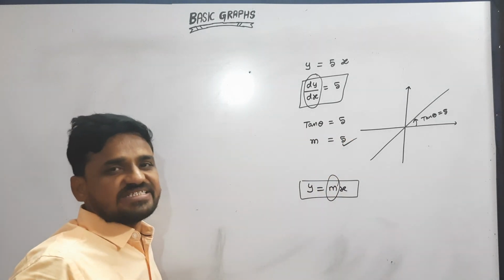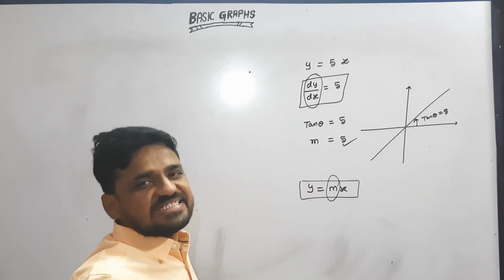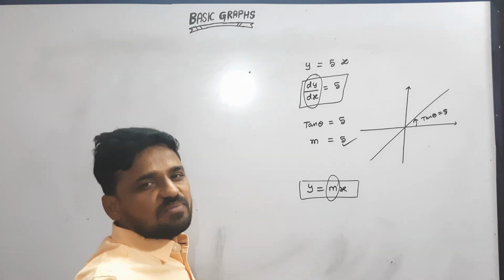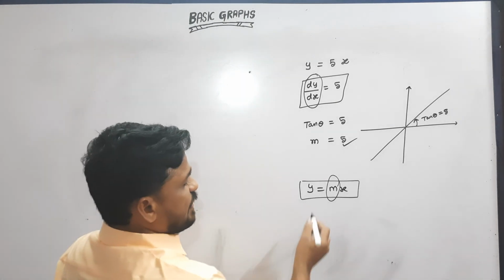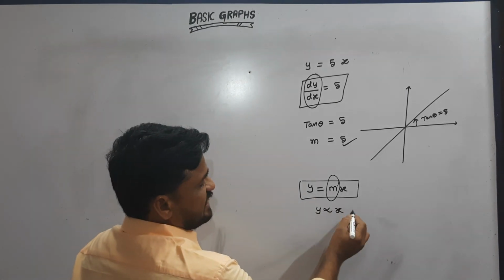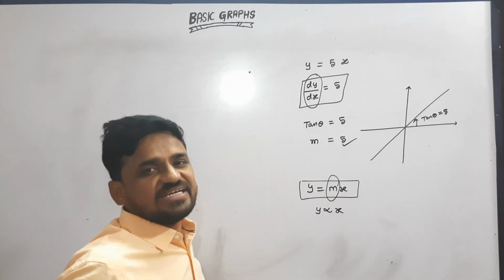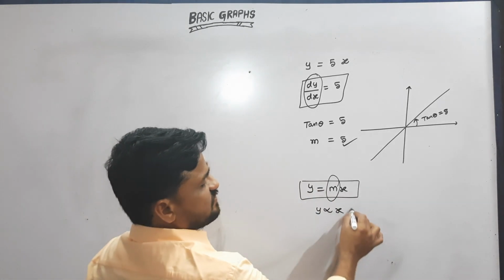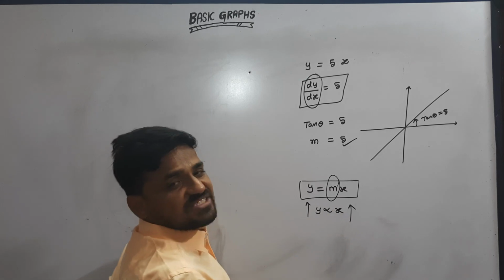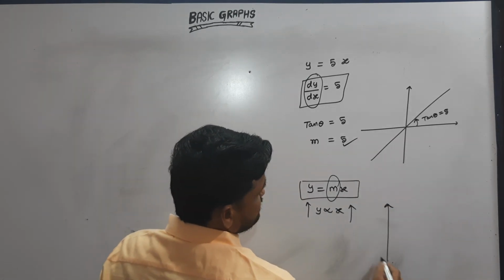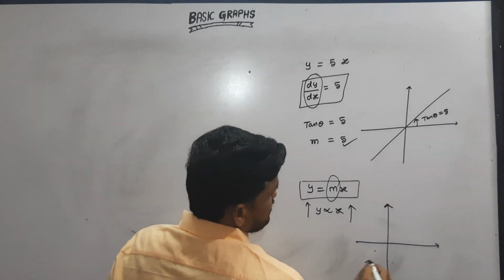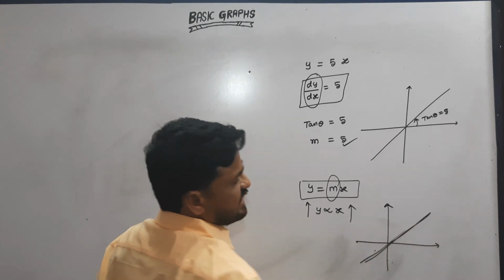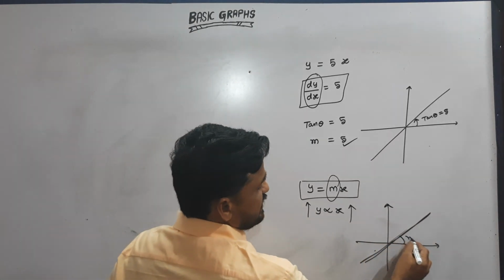Here m represents the slope of the line, and y is proportional to x. If x increases, y also increases. So the graph is a straight line. Here the slope is m.